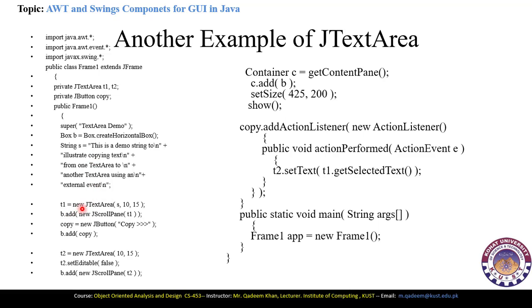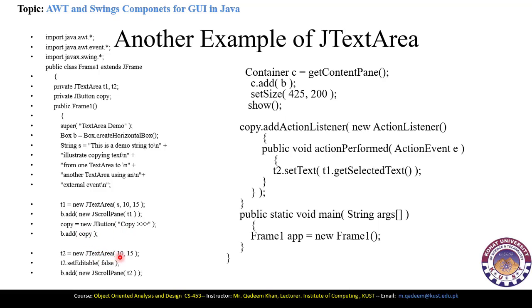Now again we have the JTextArea which we have just declared here, but now here we have defined this object t1 = new JTextArea. s is the string, it will be the text, and 10,15 will be the size of the text area which will be available on runtime. b.add(new JScrollPane(t1)), so a new scroll pane will be added with the text area 1, and similarly we have the copy button, which is added here.